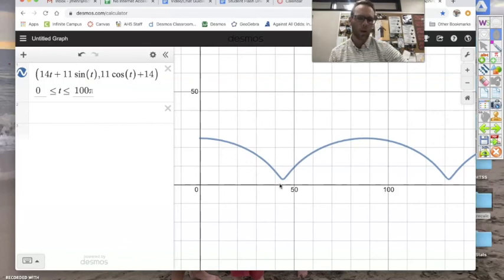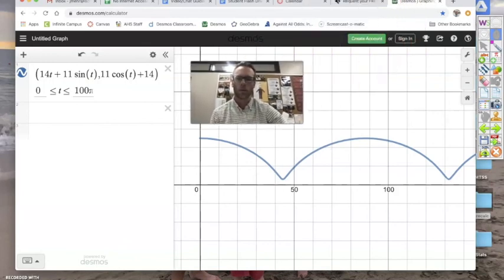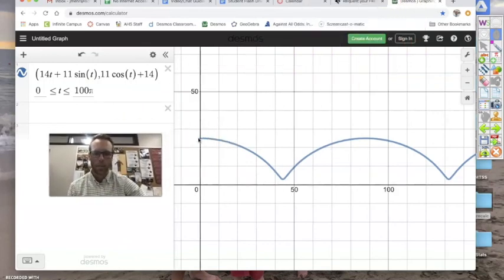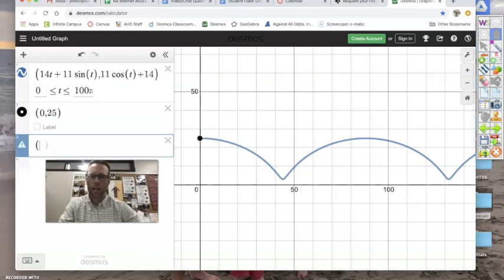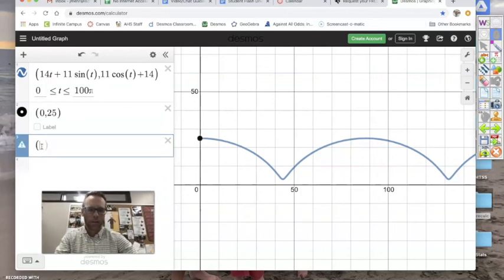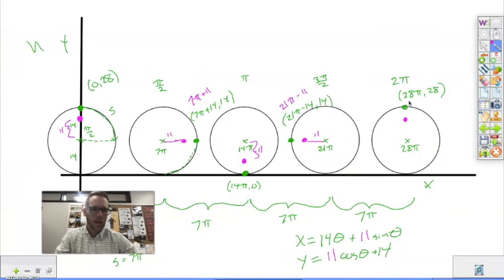It's not all the way down to the bottom and bouncing like we saw before. Notice it still starts at a height of 25 inches. We can check another point to make sure that we're still on it. Let's go to the last one.